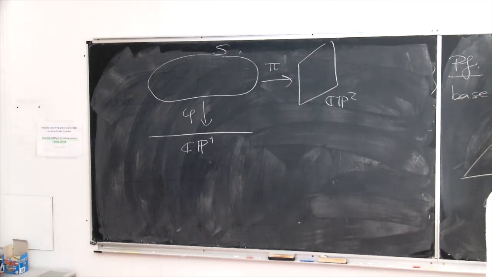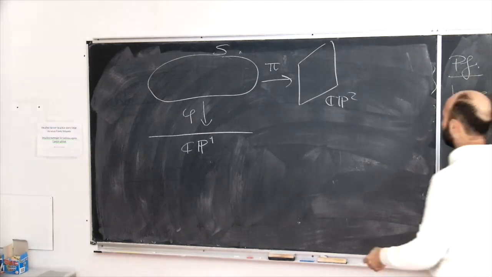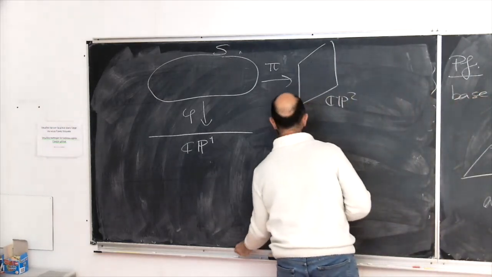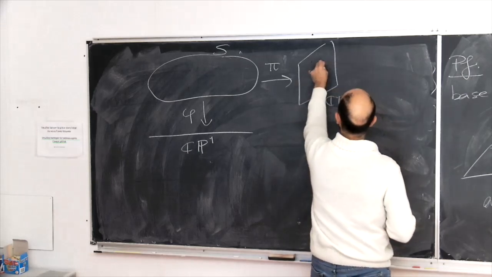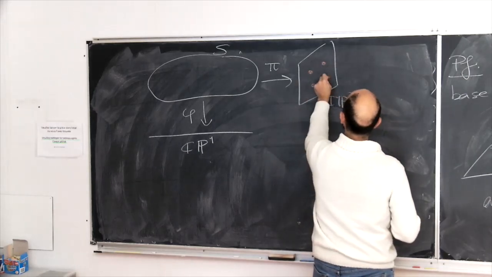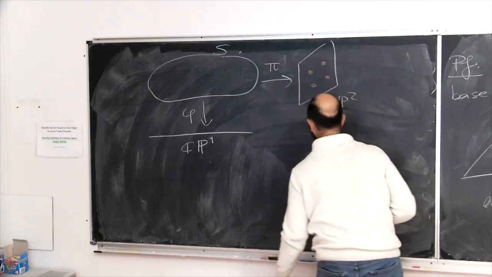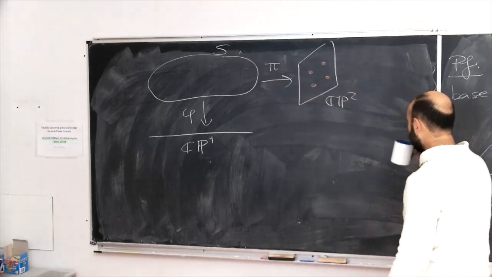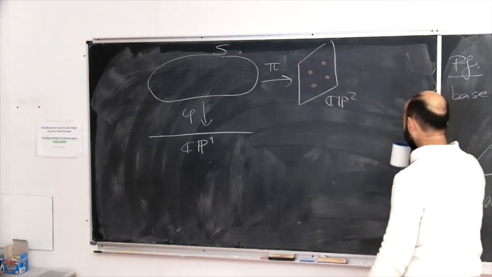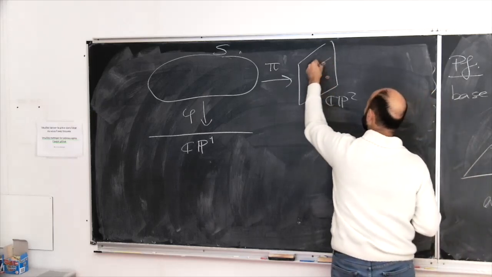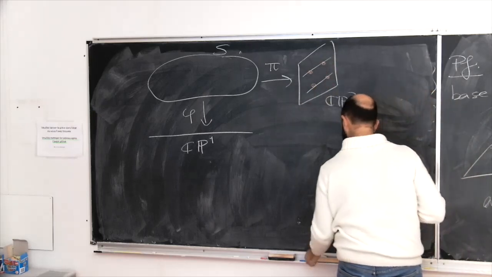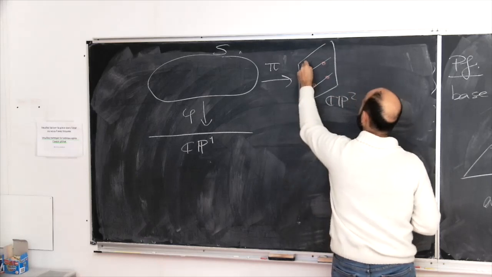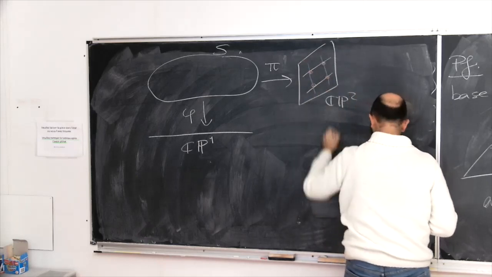Okay, let me try to make a toy picture of the net as well. So you have your d square points. I'm drawing as if d is equal to 2, but this could work for any d. Now you have the members of the pencil. These are the completely degenerate fibers.